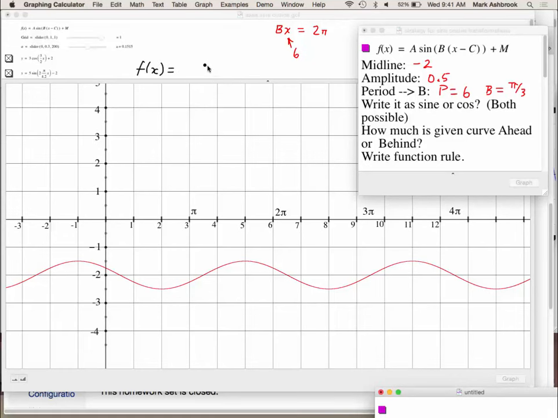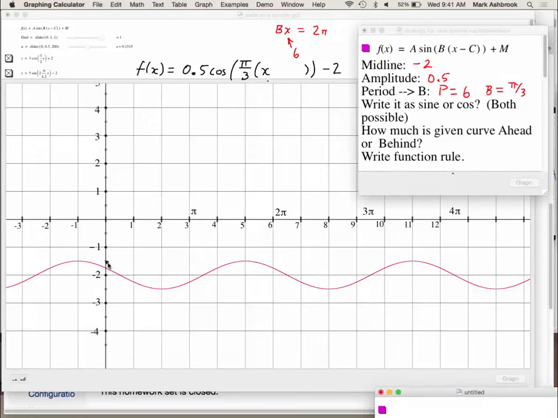So it's going to be 0.5 cosine. And we said pi over 3 was b. Make sure you have parentheses here. X, and the midline is -2. So sketch an unshifted cosine, which is going to go from 0 to 6.